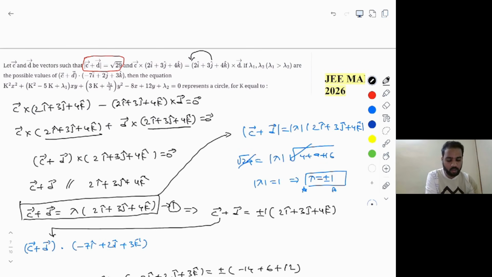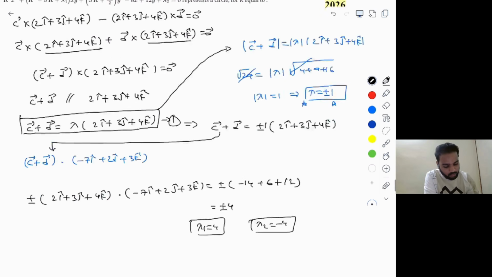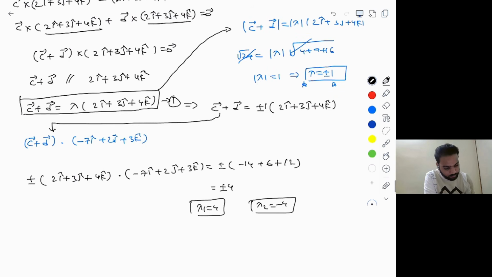Now the question is not over yet because we have to find out this value here, the k value. And for that they gave one more equation. So let's write down what is given there.